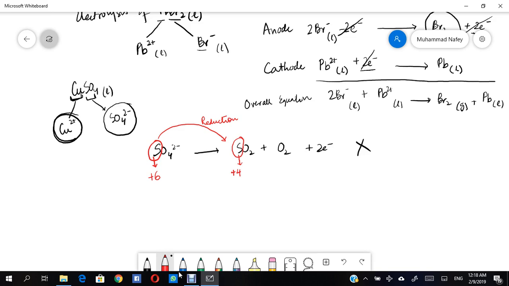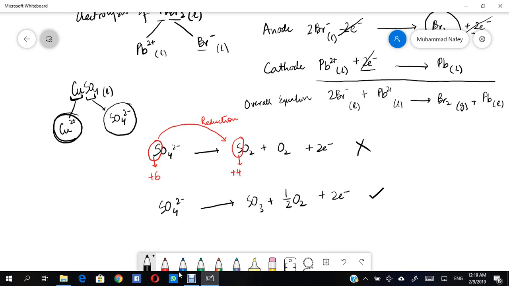Instead, what will happen is this. This is a more plausible explanation of the reaction that's going to occur at the anode. The sulfate ions that move to the anode are going to release sulfur trioxide and not sulfur dioxide. Why?